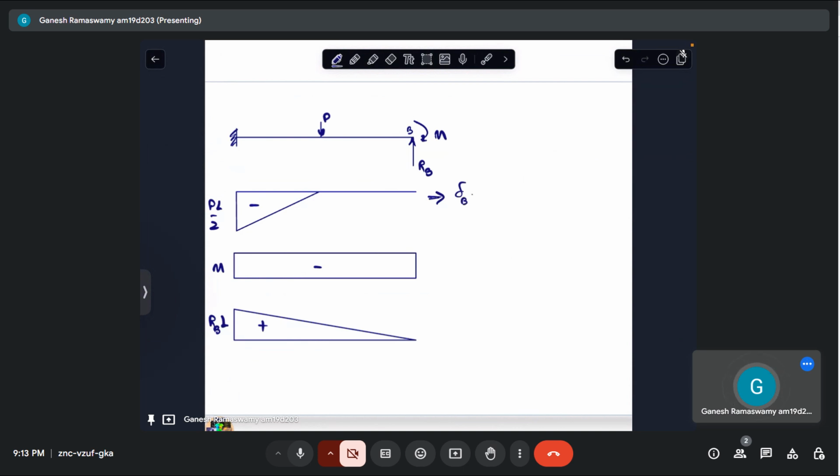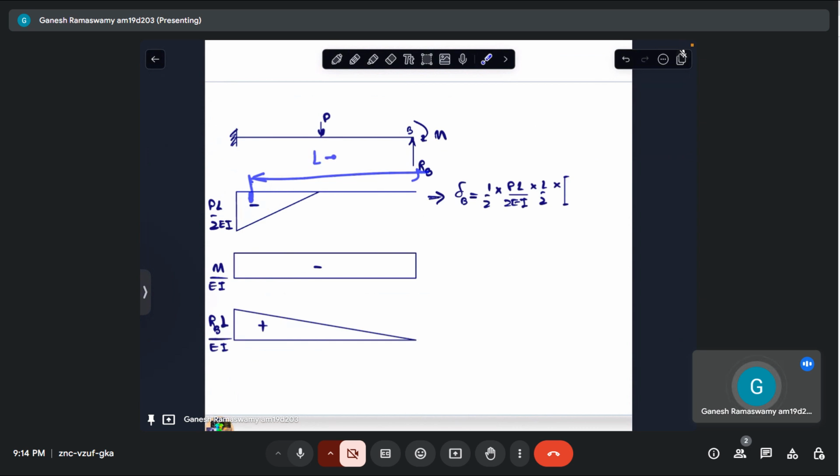So delta at B will be area of this into this distance, moment of area of that. So that will be half into T, and mind you, we have to go for M by EI diagram. So when we go for M by EI diagram, this will be half PL by 2EI into L by 2 into what will be the distance of this centroid from the end.